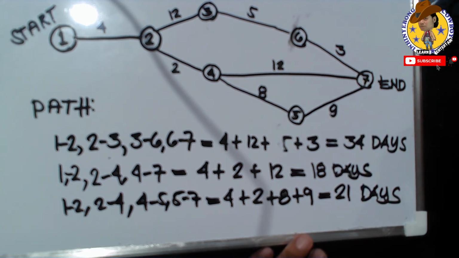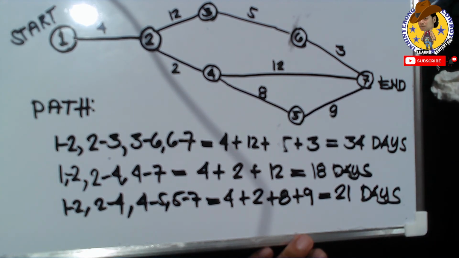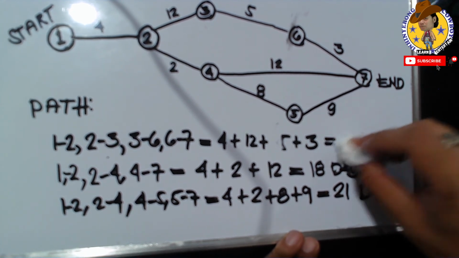Oh, sorry. So 3 to 6 is 5. Okay, so this is correct. 4, 12. So 3 to 6 is only 5, meaning this is not 34.